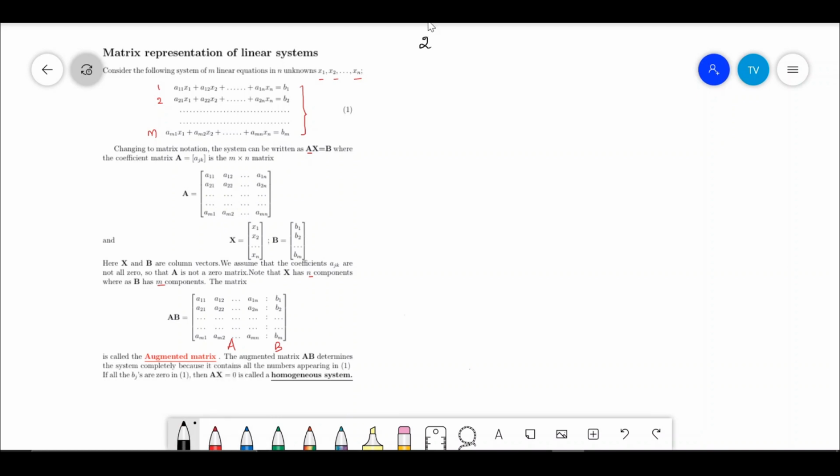Consider a system of equations: 2x plus z equal to 3, x minus y minus z equal to 1, 3x minus y equal to 4. I have written here 3 equations in 3 unknowns. Let us write the coefficient matrix. The coefficient matrix is obtained by writing the coefficients of x, y and z from the 3 equations.